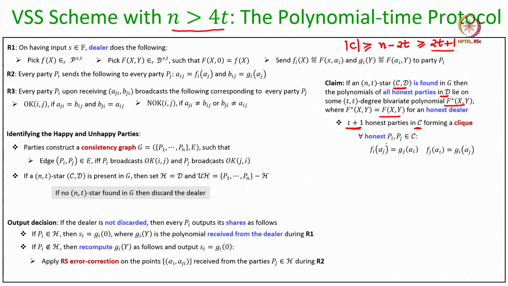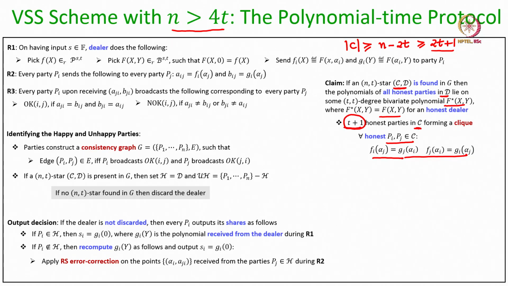What we can conclude is the following: there are at least t plus 1 honest parties in C, and for every pair of honest parties Pi, Pj in the C component of the star, their respective polynomials are pairwise consistent, because that is why they have broadcasted OK message for each other, and that is why they are part of the clique.